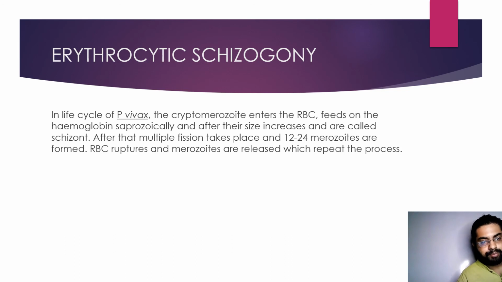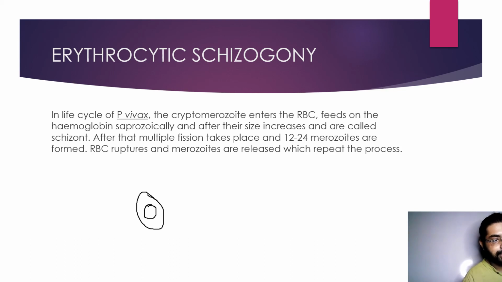The cryptomerozoitic form of Plasmodium vivax enters the human RBC, and it's like this. If this is the RBC, this Plasmodium vivax in the form of cryptomerozoite enters.